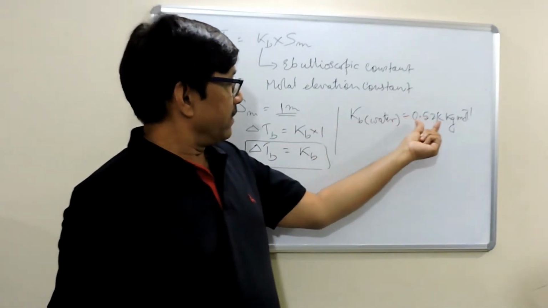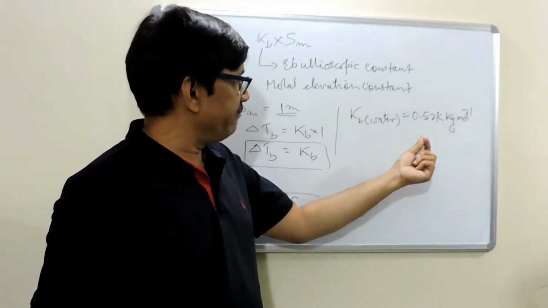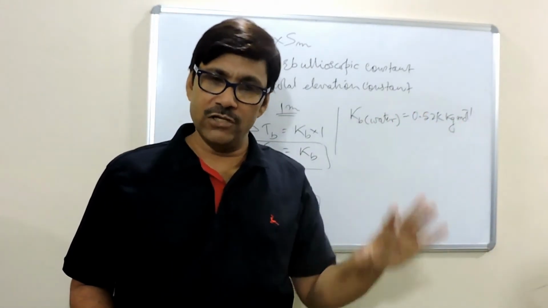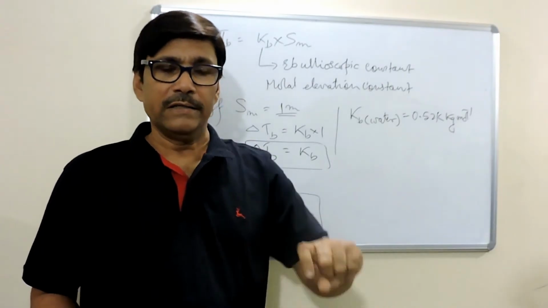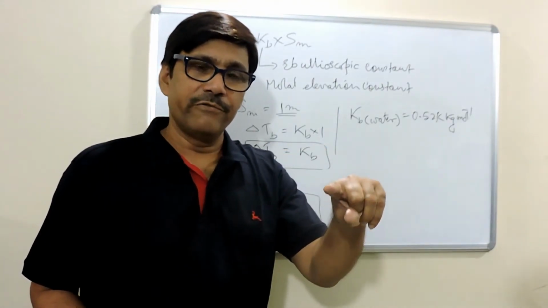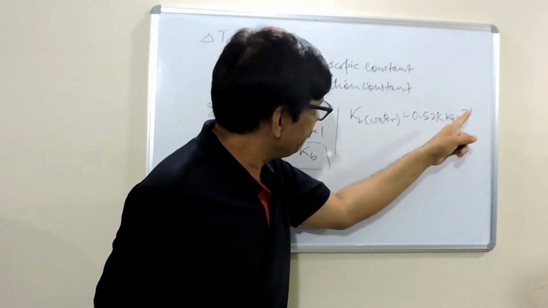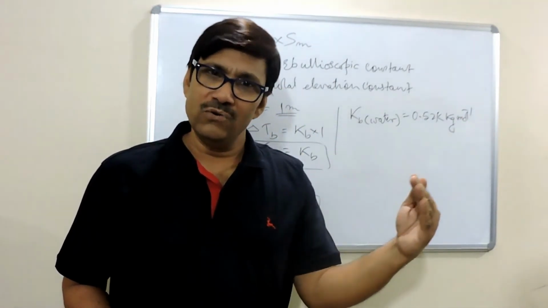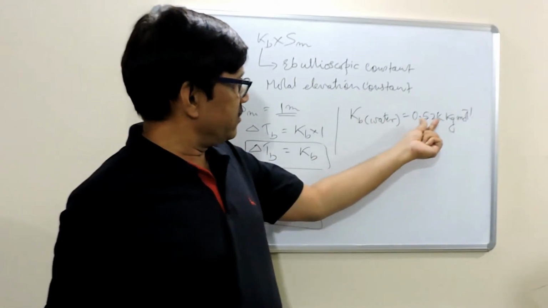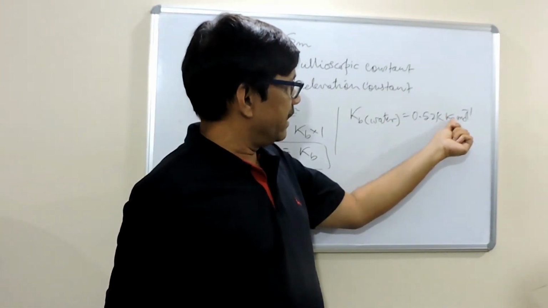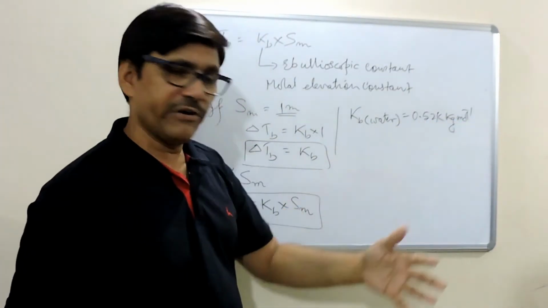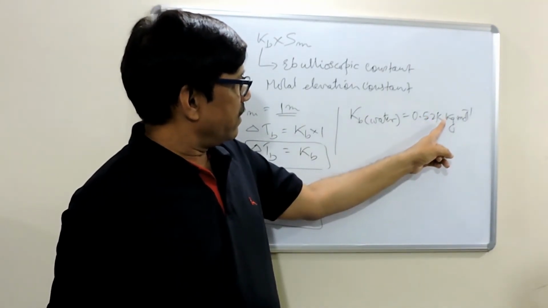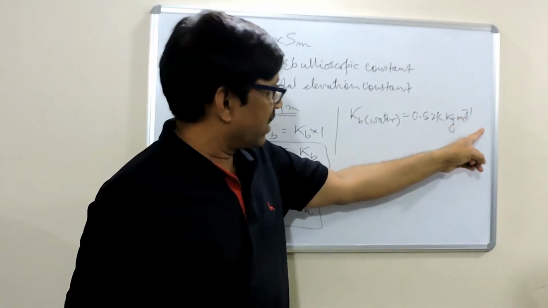So if, instead of glucose, we take 60 gram of urea in 1 kg of water, in 1000 gram of water, again the boiling point will increase by 0.52 degrees Celsius or by 0.52 Kelvin. In SI unit it is 0.52 Kelvin kg per mole. Even if you take in degrees Celsius, it will be 0.52 degree kg per mole.